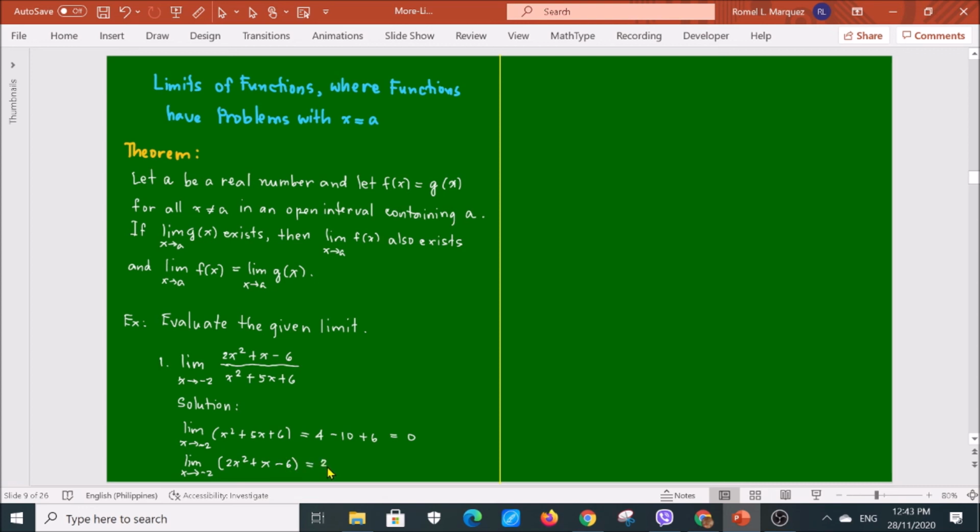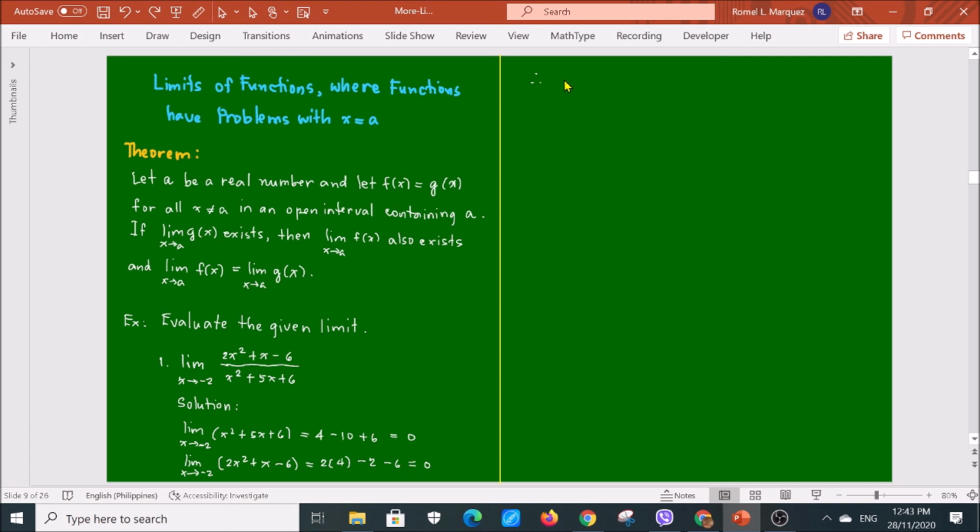So you can apply the substitution rule. So 2 times 4 plus negative 2 minus 6. 8 minus 8, that is what? That is also 0. Hence, we have what we call an indeterminate form.